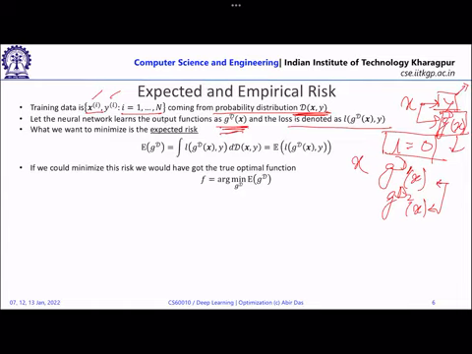Generally, in training data, we have input data and output. Here we are having input data and output probability, right? No, not output probability.